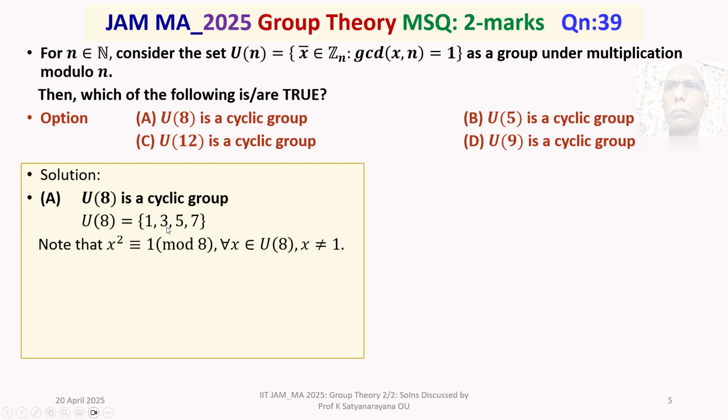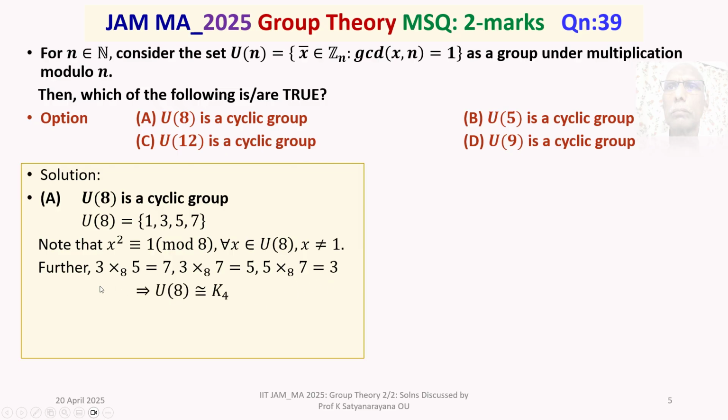what you see is 3 into 5 is 15, modulo 8 is 7. 3 into 7, 21, modulo 8 is 5. 5 into 7 is 35, modulo 8, 8 fours are 32, is congruent to 3 mod 8.